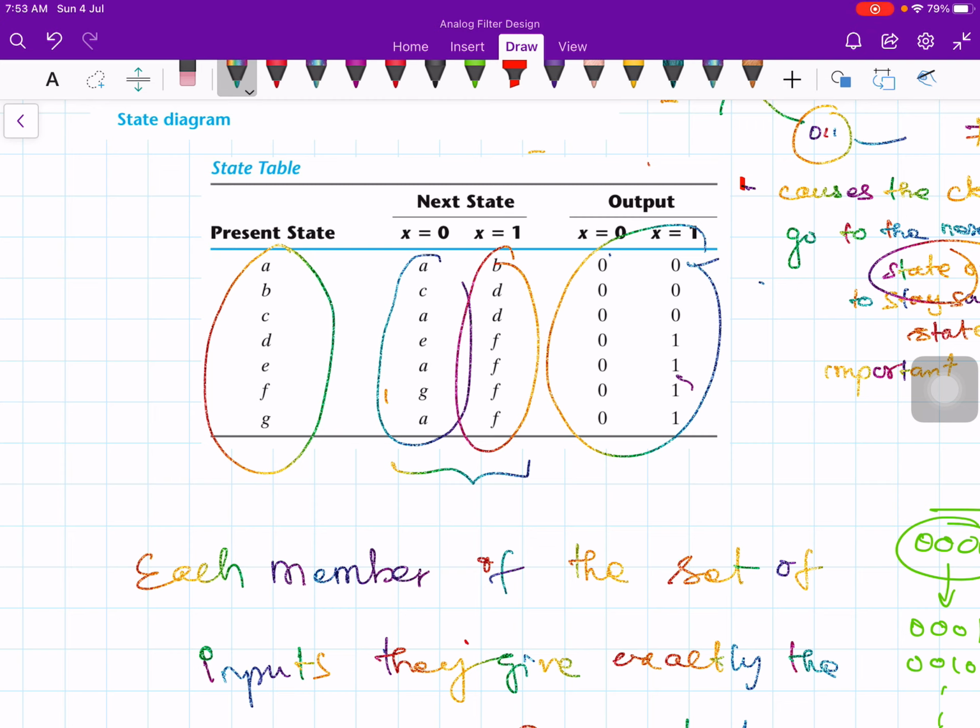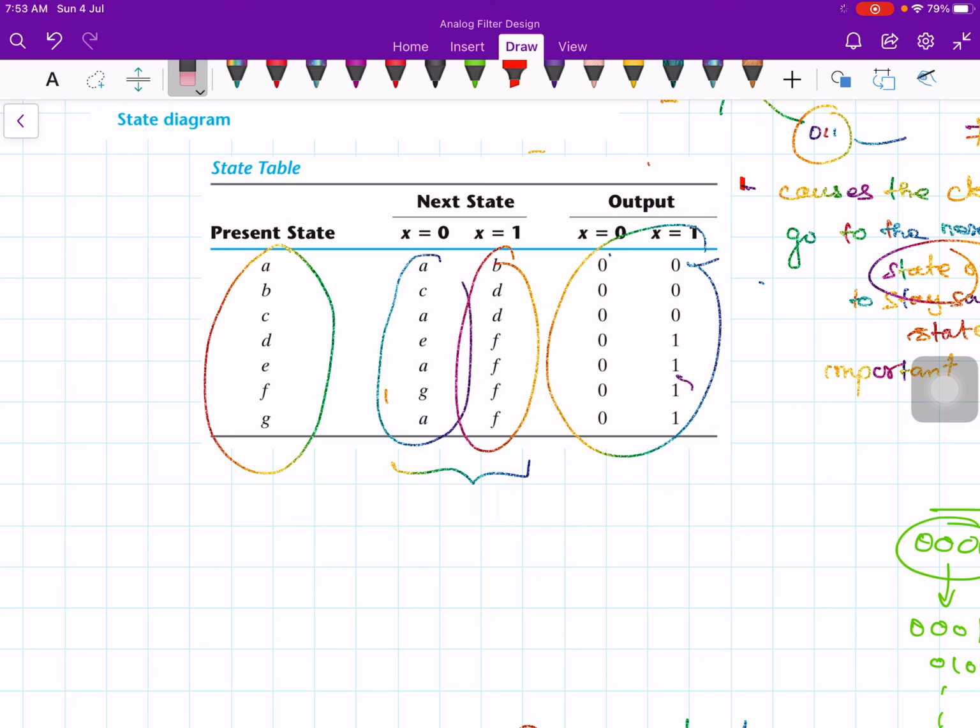For example, if you look very carefully, take state E and G. For E, if you give input 0, it produces output 0 and it goes to state A. G also, if you give input 0, output is 0 and it goes to the same state A. What is the other possible input?